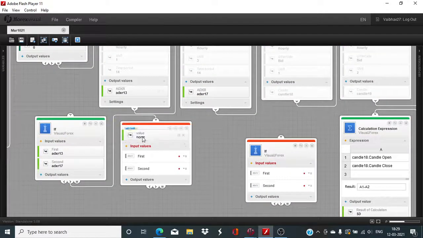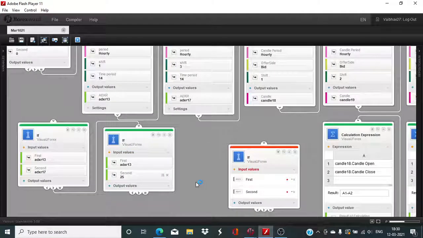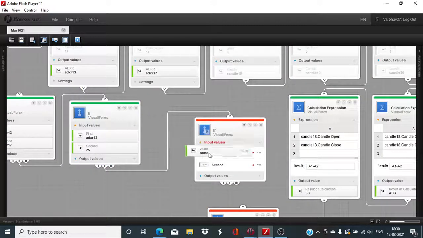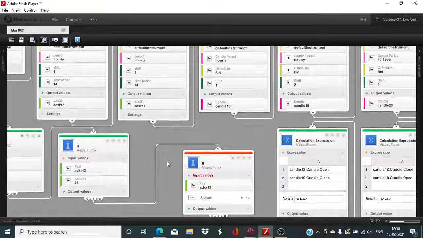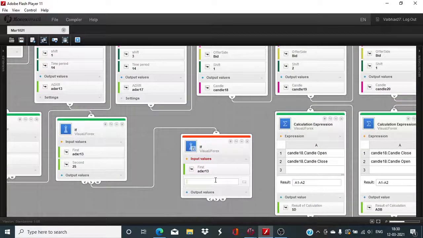Then ADXR value needs to be above 25 but below 35. So first input greater than second input. Then again the ADXR value of look back period 1 on the hourly time frame needs to be below 35.